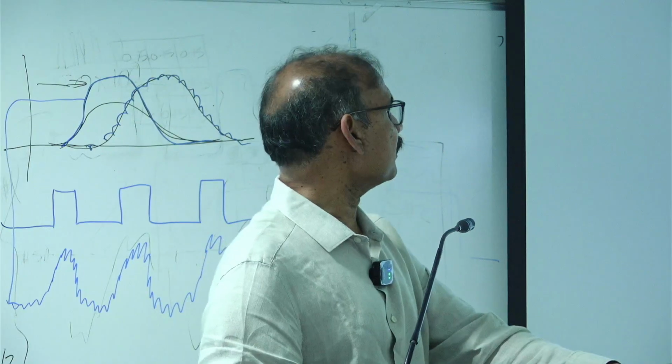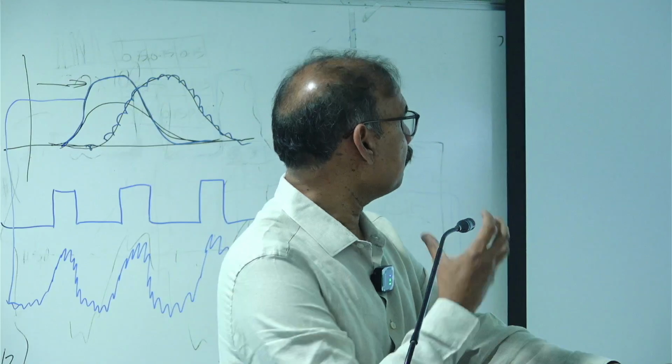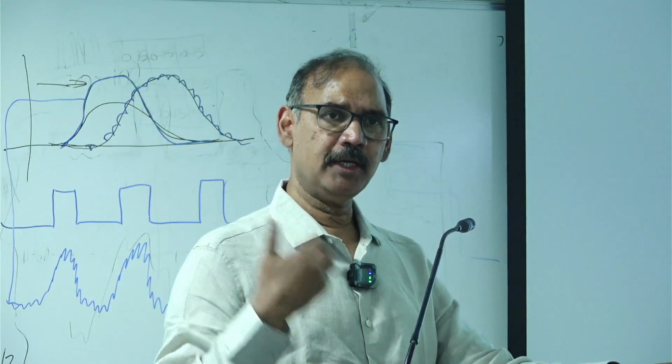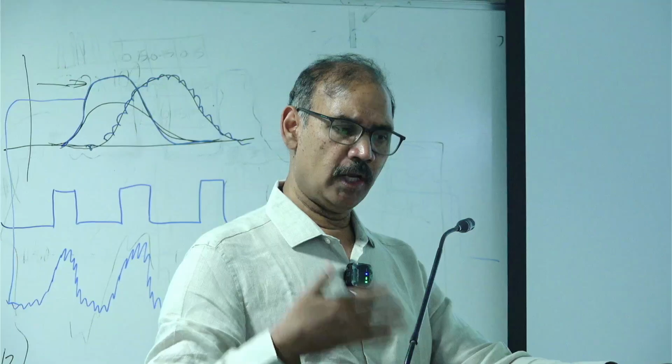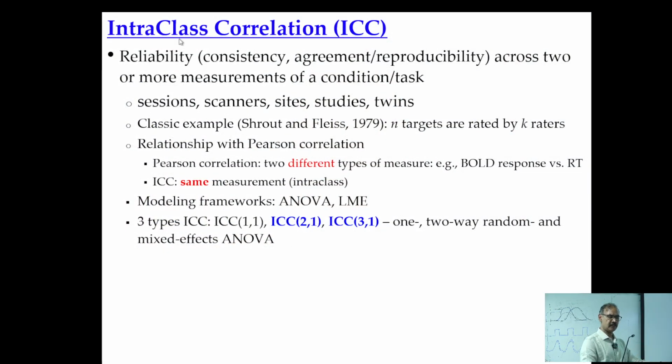So in this case, when you want to study reliability or consistency in longitudinal studies, or let's say twins and other studies, ICC is used, right? Because in those cases, we simply cannot use correlation analysis or t-test because they would be very similar.